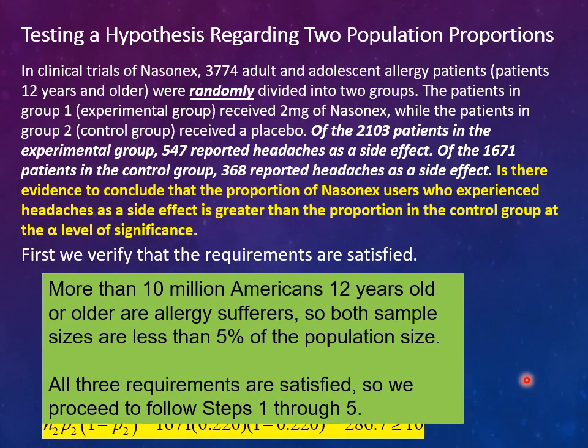And more than 10 million Americans 12 years old or older are allergy sufferers, so both sample sizes are less than 5% of the population size. Since all three requirements are satisfied, we can proceed to follow steps 1 through 5. And the one step I didn't mention, but I highlighted up here, was that the individuals were selected randomly.